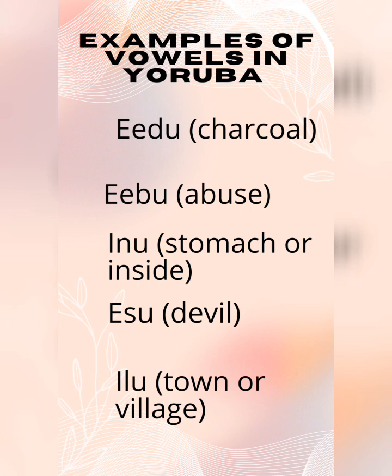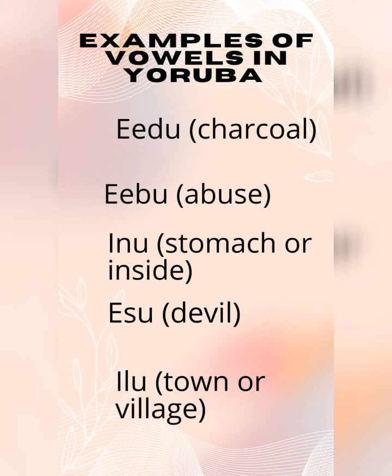The sound is in U in Edu. It's also in U, the ending part of Ebu. That's abuse. Inu, that's stomach or inside. The sound is in U for your stomach, or maybe inu ile, that's inside the house. Inu ile, inside the house.